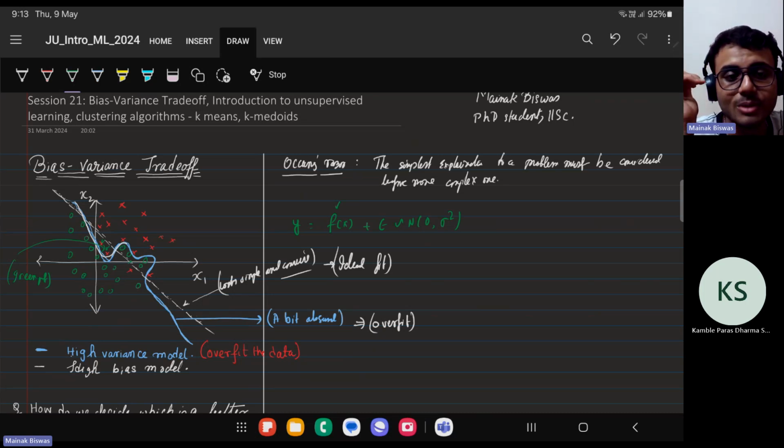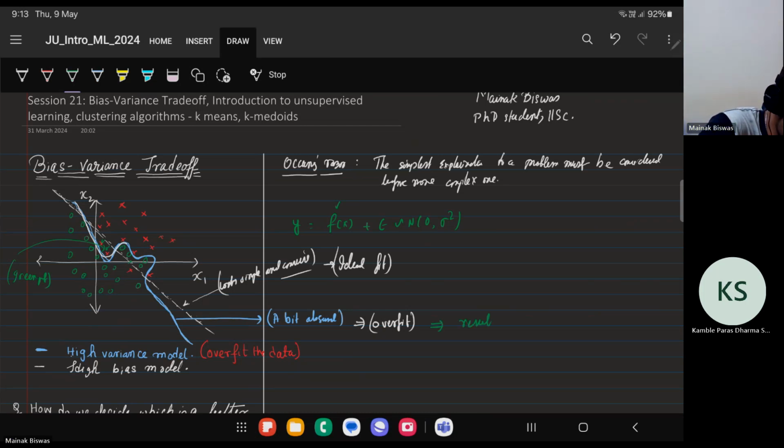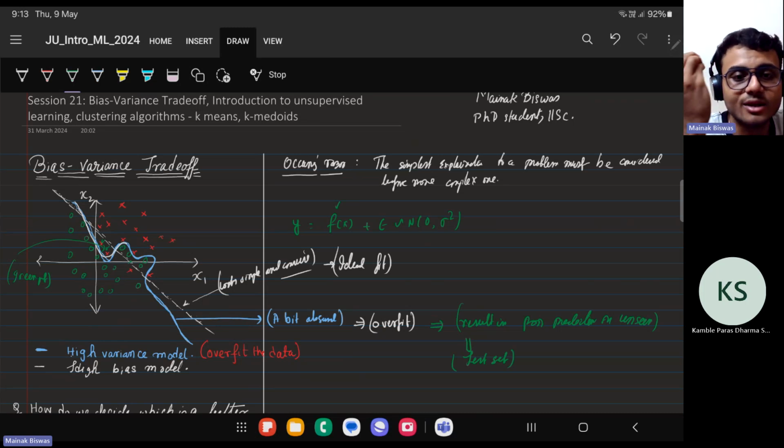Due to the bad decision boundary that you'll be creating, this will result in poor predictions on unseen data, which is not in the training set, on the test set. When you take the test set, you do not know what is going to happen, and you will have a poorer performance for that.